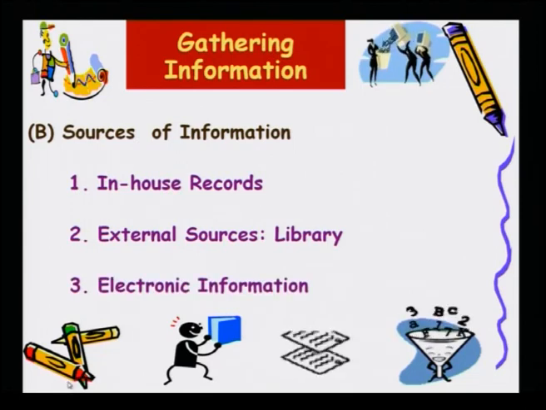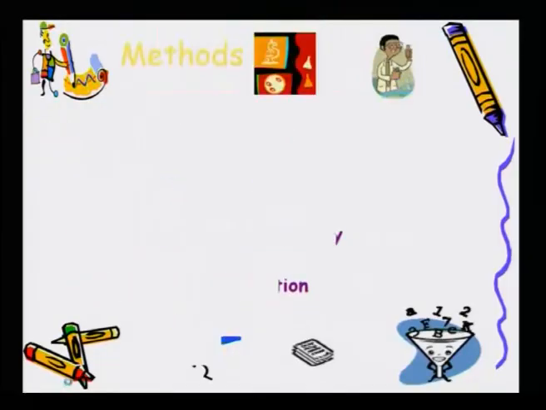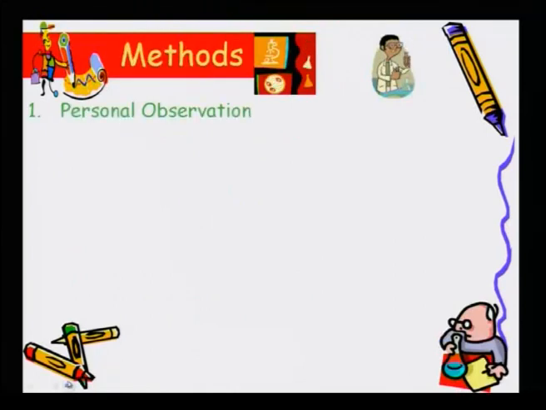And the third, which we vastly rely on today, is the electronic information that is available inside the library as well as outside the library in the form of internet resources. So, these are the 3 basic sources of information which a good researcher, a good report writer, should rely on.